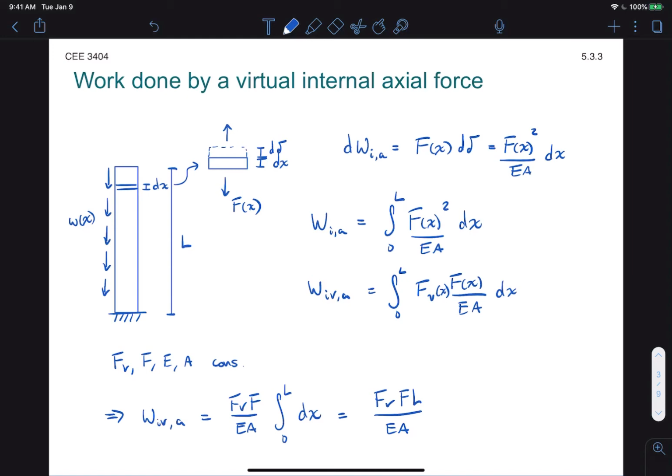And if you've been paying attention, you'll notice that that is exactly the same as the equation for internal virtual work in a truss. So a beam is just a more general representation of a truss element.